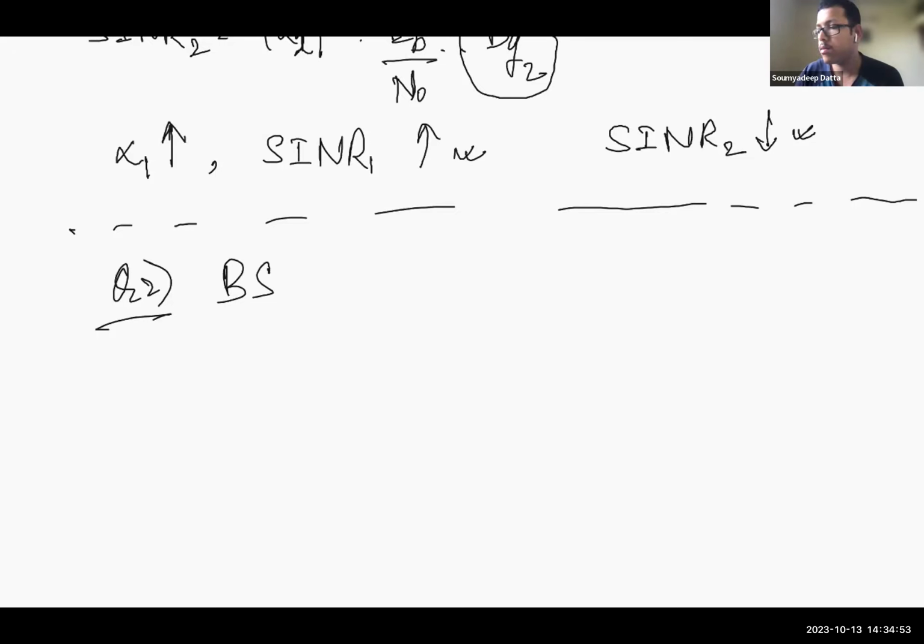The system is a downlink system. I can just draw it. You have one base station, and then you have two users. This is user 1, and this is user 2.